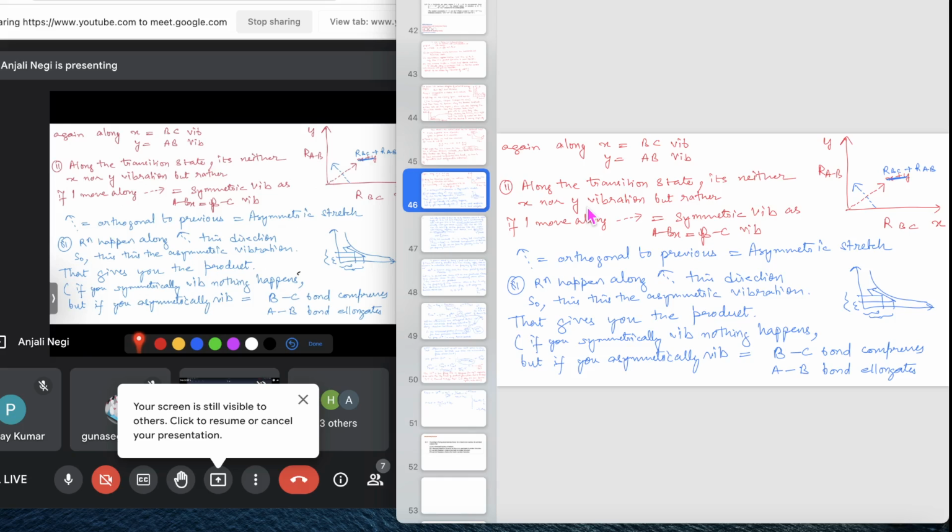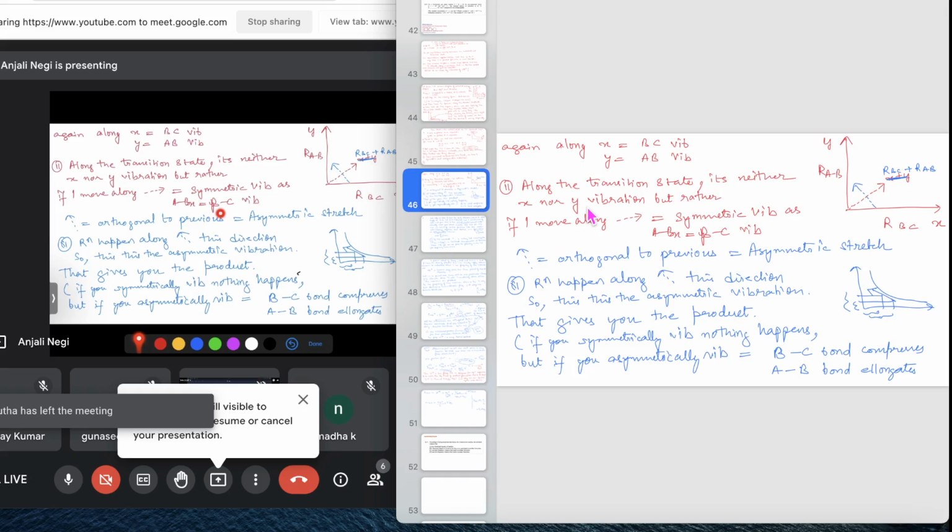Along the transition state, it's neither the x nor the y vibration, but if I move along the red one, it is a symmetrical vibration, because AB is equal to BC, that is x equals y.